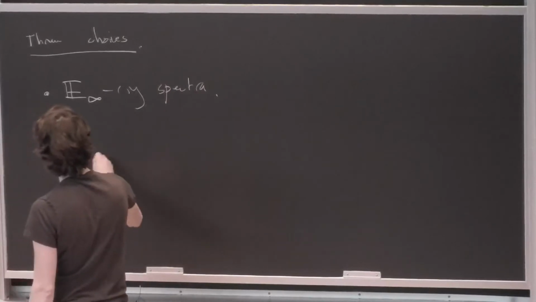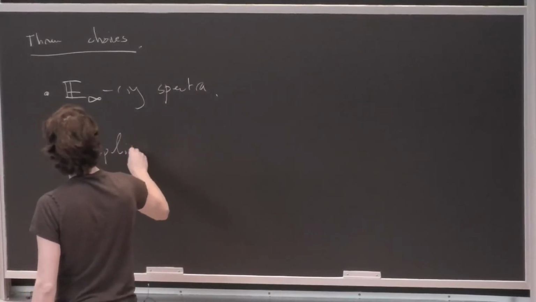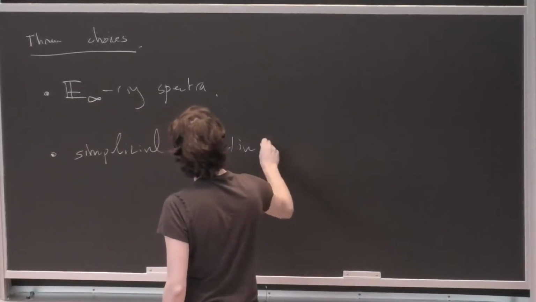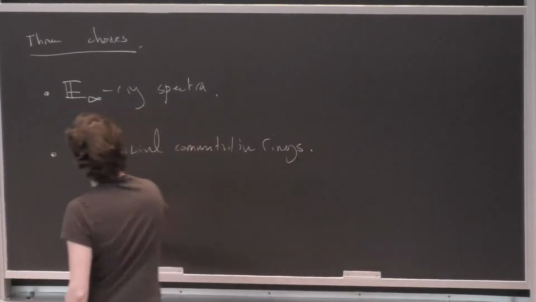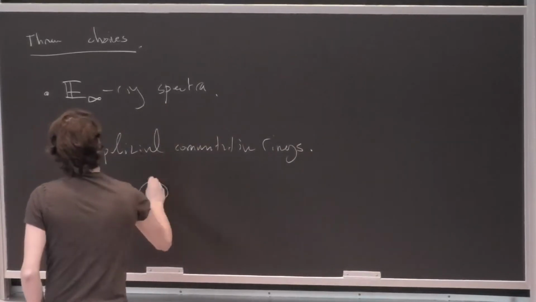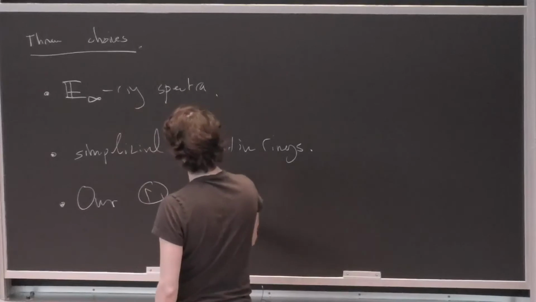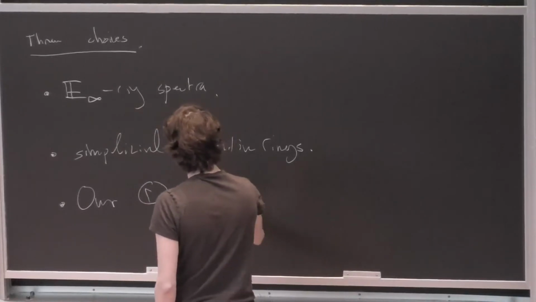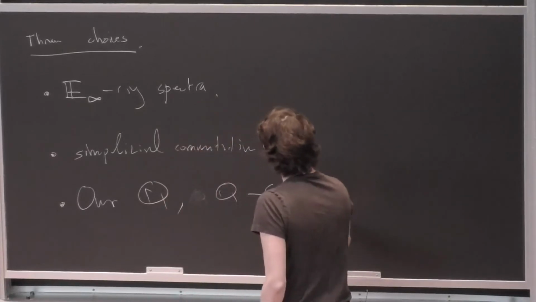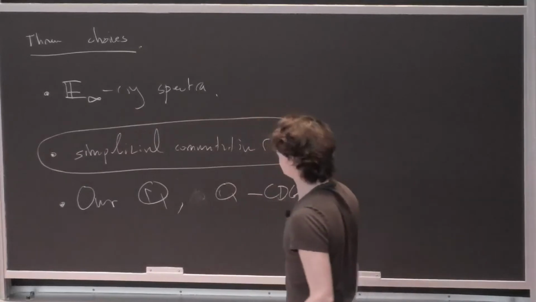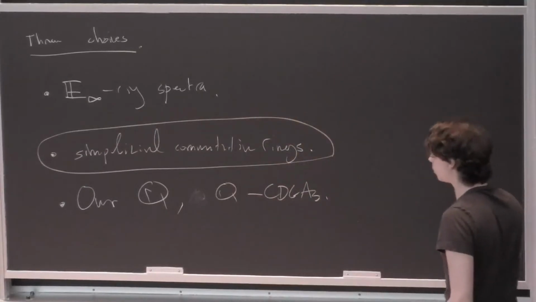We can look at simplicial commutative rings. And if we work over the rational numbers, we can look at commutative DGAs. So I'm going to choose and work in this series with simplicial commutative rings.